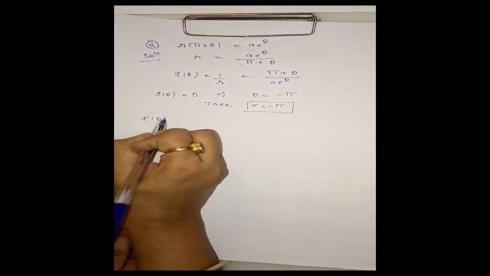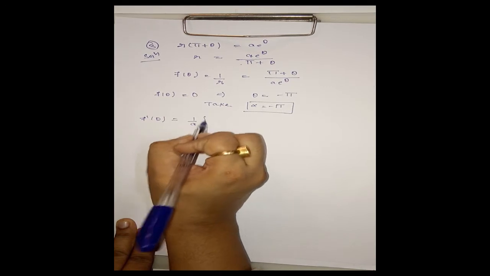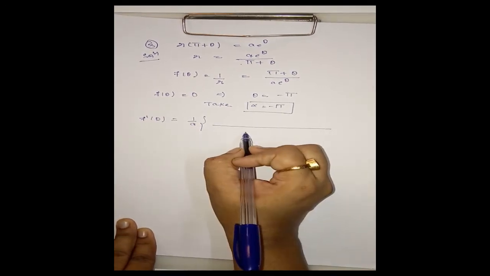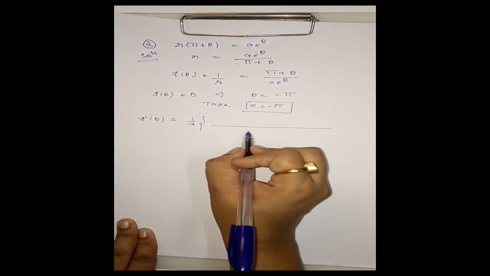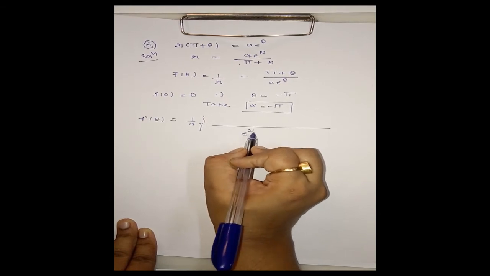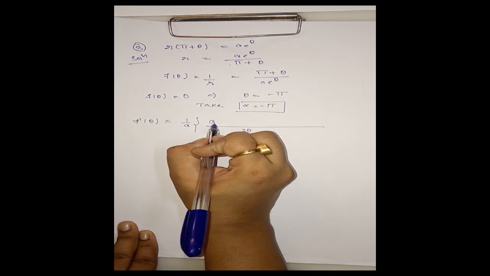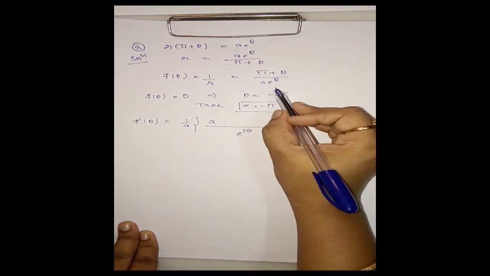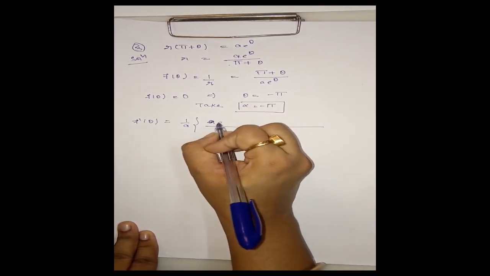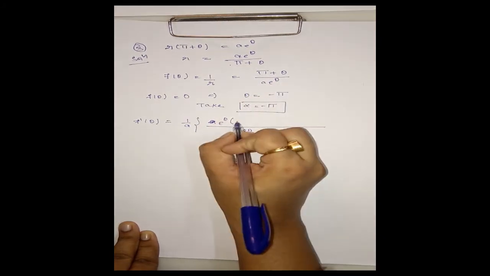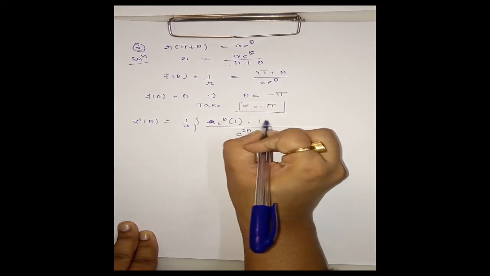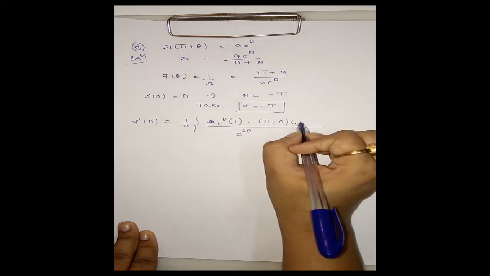Also f dash theta is equal to 1 by a outside. Now applying the quotient rule of differentiation, the denominator is e^theta squared, which is e^2theta. A is outside. This is e^theta into 1 minus (pi plus theta) into e^theta.